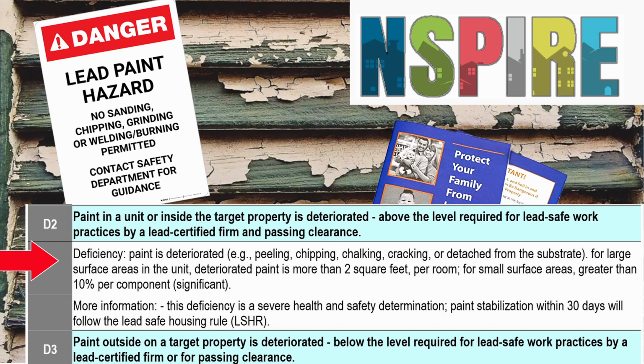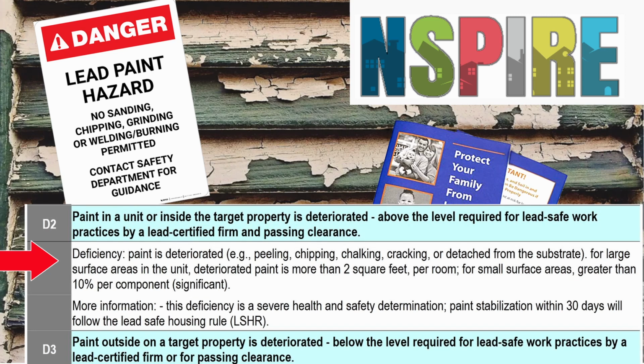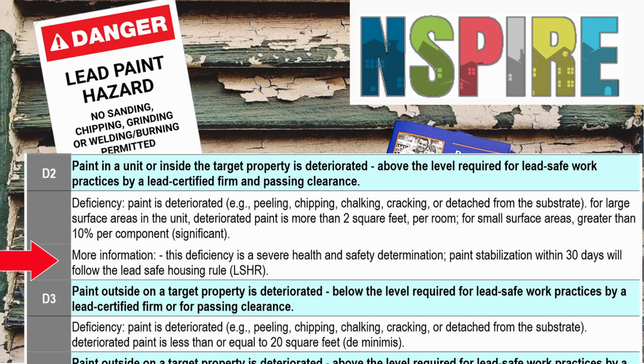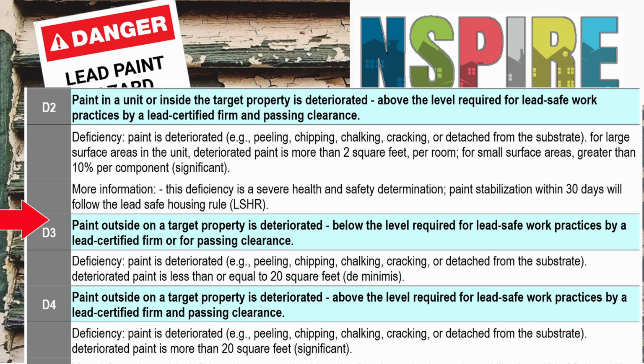For large surface areas in the unit, deteriorated paint is more than 2 square feet per room. For small surface areas, it's greater than 10% of the component, which would be called significant. More information. This deficiency is a severe health and safety determination. Paint stabilization within 30 days will follow the Lead Safe Housing Rule, LSHR.